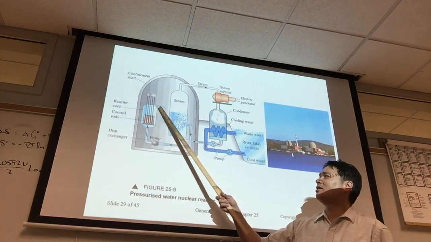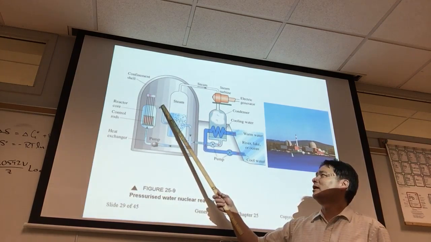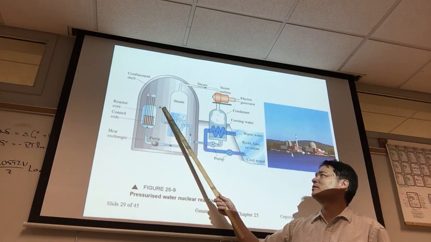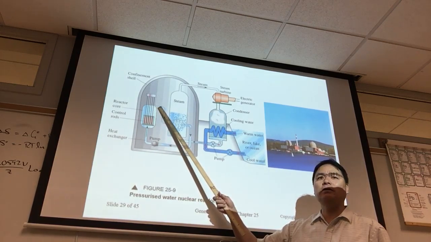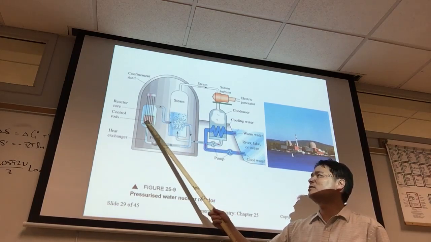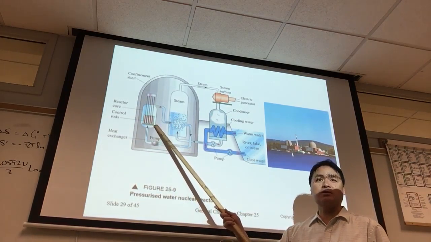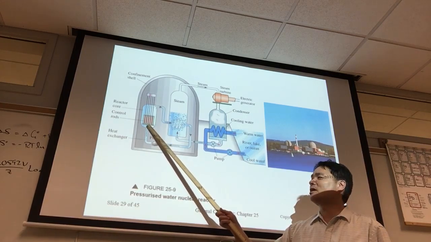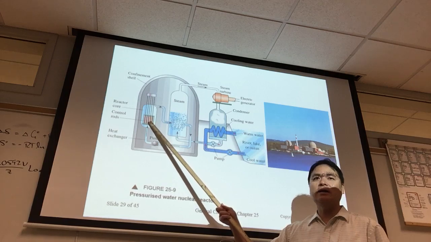And so if this water, let's say there's some kind of puncture here, and this is under high pressure, if there's some kind of pressure leak or whatever, then the water can superheat and boil off. And so if this goes dry, then it's like your hot water bath going dry, and the temperature is going to skyrocket. If the temperature skyrockets here, then that has the potential to melt the uranium.